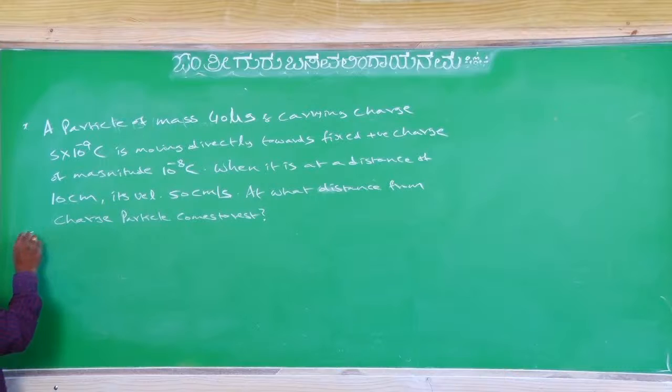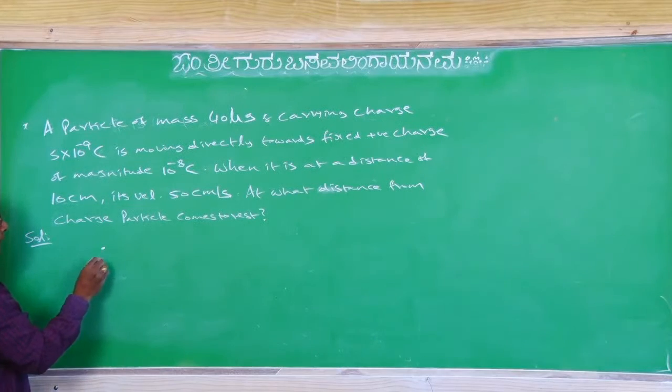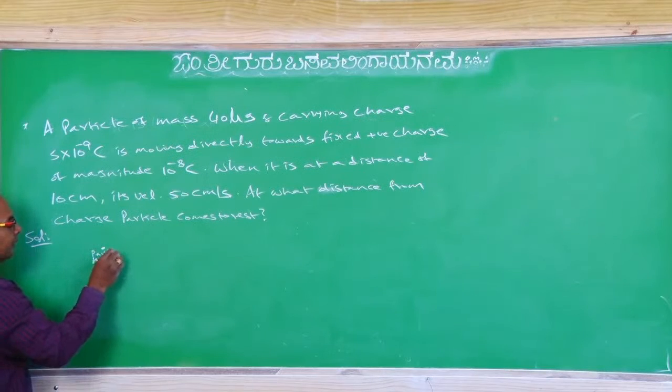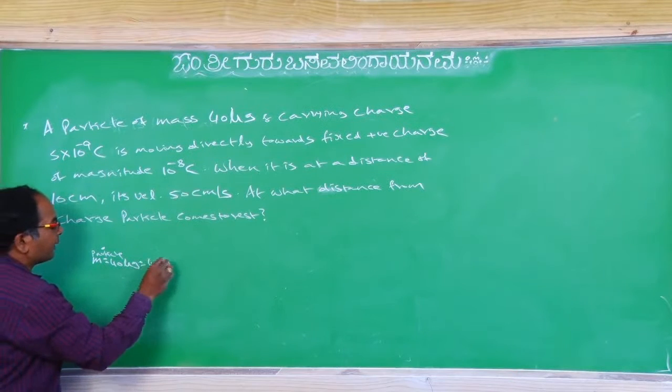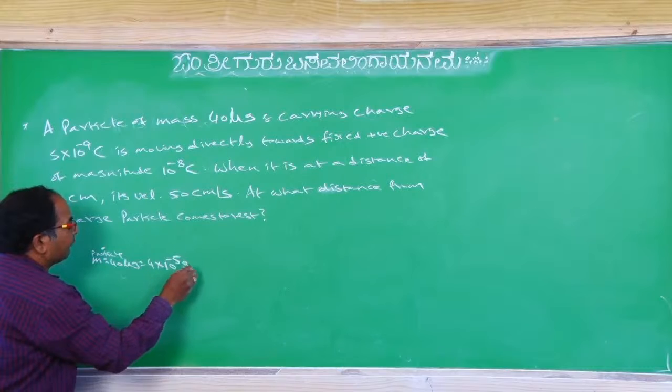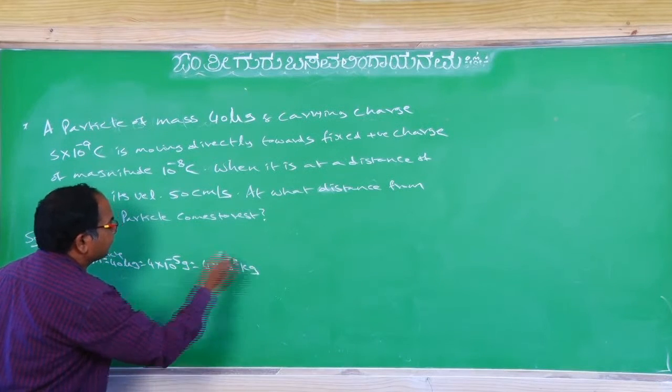Here, a particle is there and its mass is 40 microgram, means 4 into 10 to the power of minus 5 gram, that means 4 into 10 to the power of minus 8 kg.